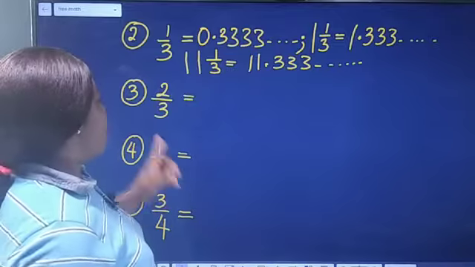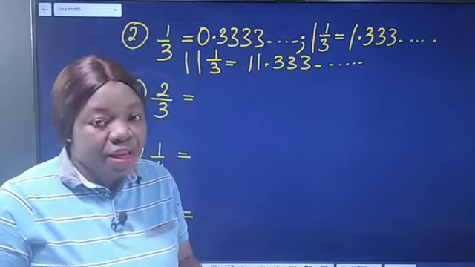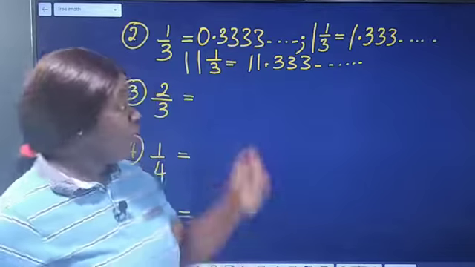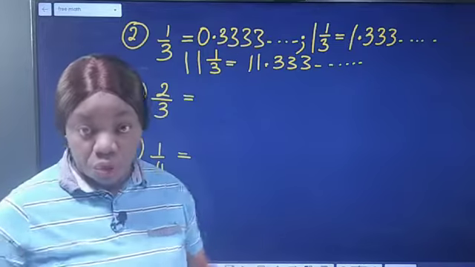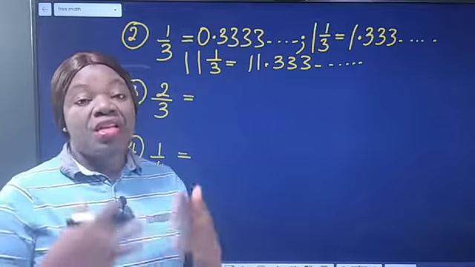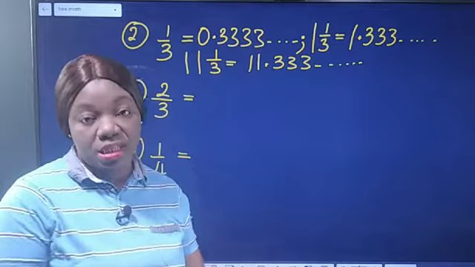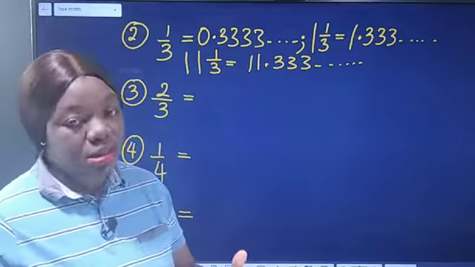Okay, now look at the next one, which is 2 over 3. 2 over 3 means 2 times 1 over 3, and when you multiply 0.33333 by 2, you will have 0.66666. You know, 3 times 2 is 6. 3 plus 3 is 6. So that will be 0.66666.